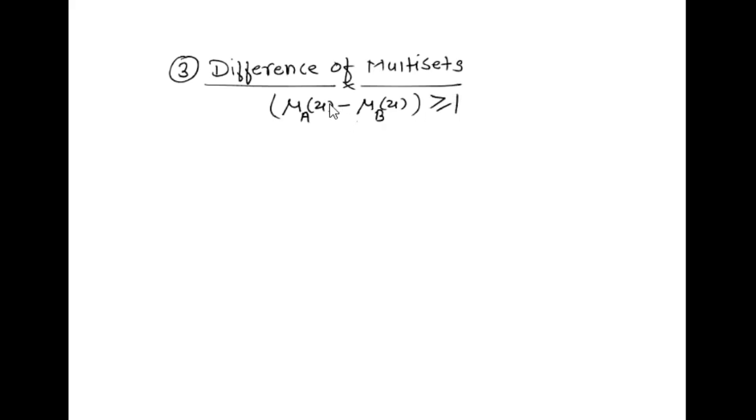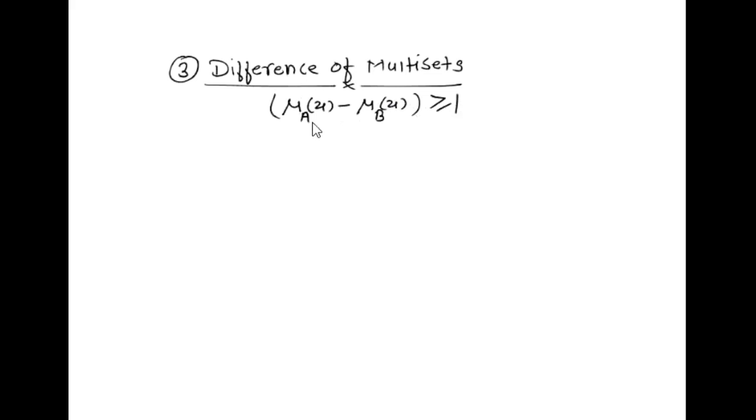That is, you will include element x in the difference of multisets if its multiplicity in set A minus multiplicity in set B is greater than or equal to 1.